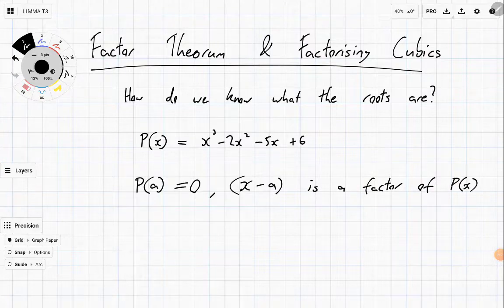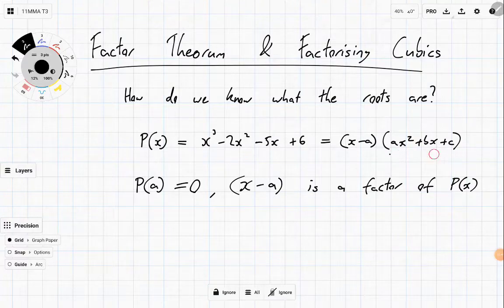What does that mean? Well, for it to be a factor, it means that when we divide, we won't get that fraction bit that we got on the previous one. Meaning we could truly write this as x minus a and then some kind of quadratic thing, which would be really useful because we already know how to factorize quadratics. That's going to be the goal.